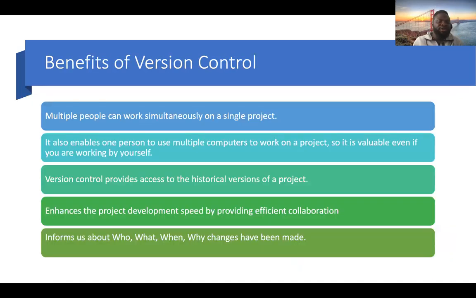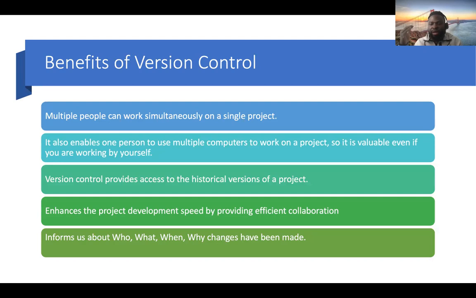So what are the benefits of version control? First, it allows multiple people to work simultaneously on a single project. Just like I said, you have this project, lots of developers will be working on it. It's not the work of a single developer. It also enables one person to use multiple computers to work on a project.